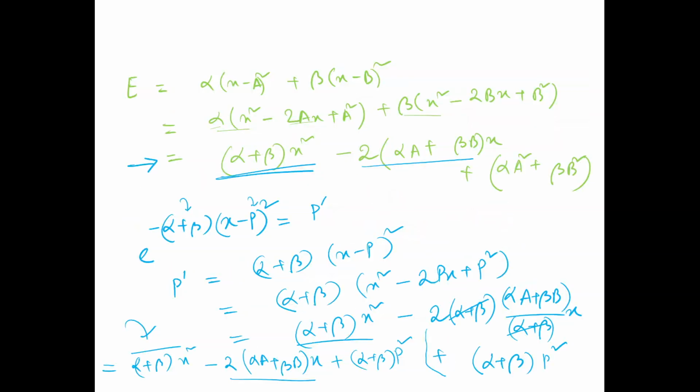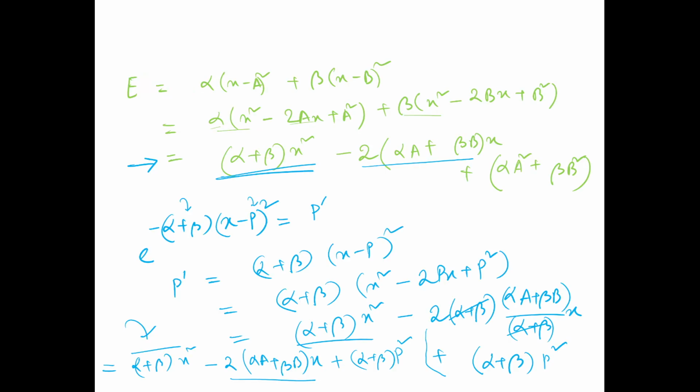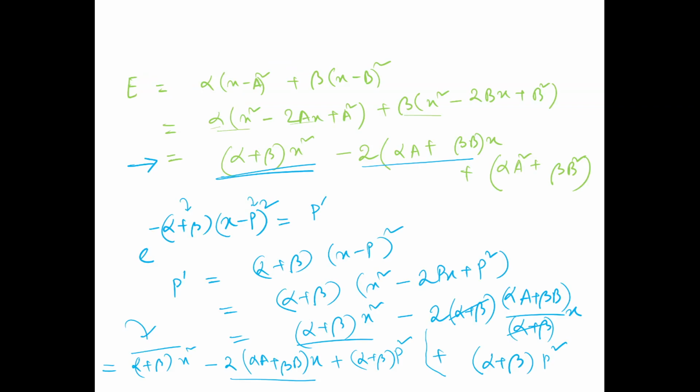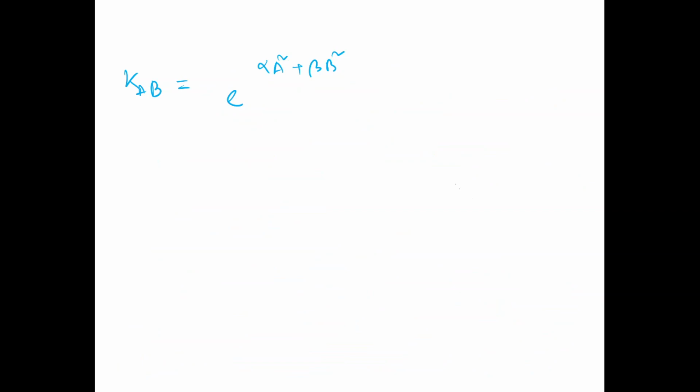So from equation 1 we can write KAB is equal to, so what is the term here? Alpha A square plus beta B square, right? So now you have e to the power alpha A square plus beta B square, minus alpha plus beta capital P square.